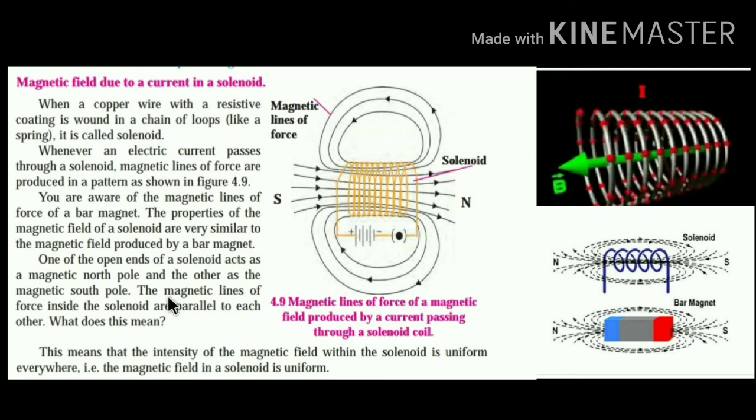The magnetic lines of force inside the solenoid are parallel to each other. Let us see here inside this solenoid, this spring-like structure. Inside the solenoid, they are parallel to each other. This means that the intensity of the magnetic field within the solenoid is uniform everywhere. That is, the magnetic field in a solenoid is uniform.